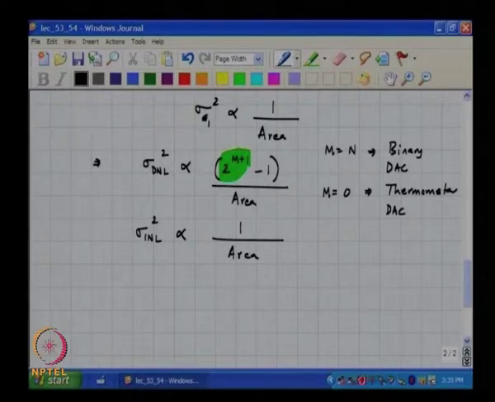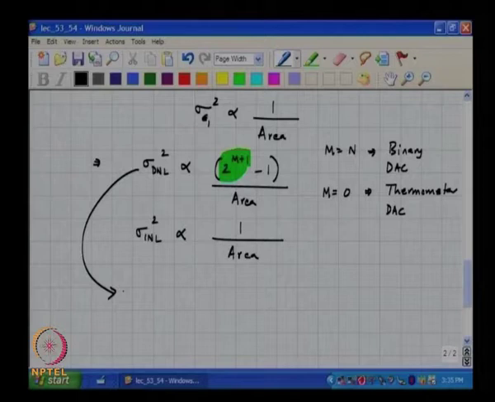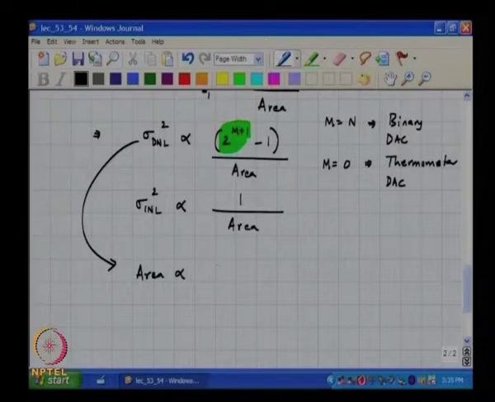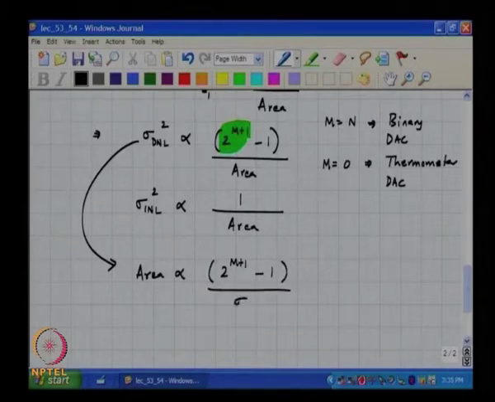You understand? So, let me put that down here. The area desired is proportional to 2 to the m plus 1 minus 1 by sigma DNL square, which is approximately 2 to the m plus 1 by sigma DNL square.